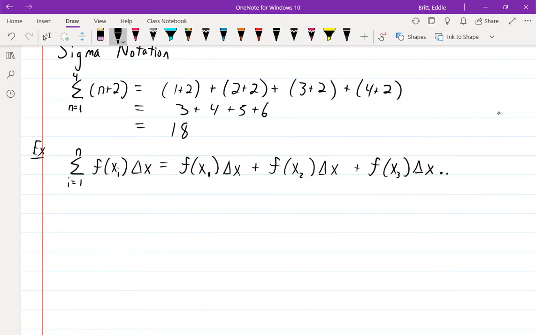So I'm going to put this ellipsis here that signifies that it goes on and on forever, and then I'll say plus f of x sub n times delta x.